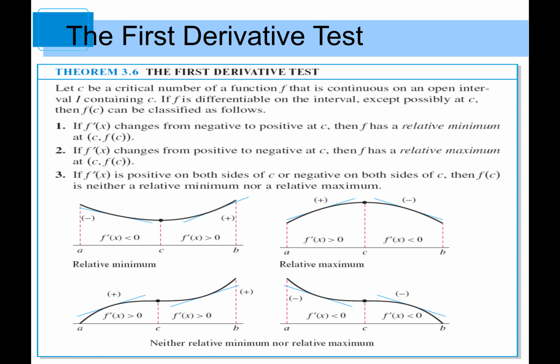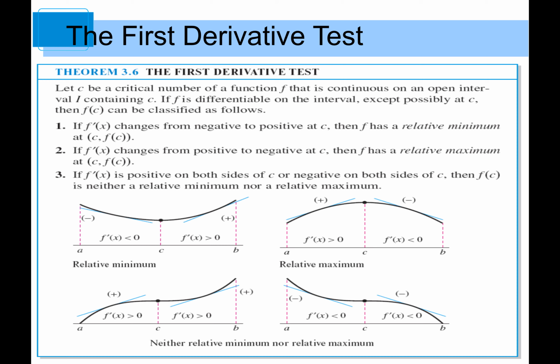Okay, so let's take a look at the first derivative test. Let c be a critical number of a function that is continuous on an open interval I containing c. If f is differentiable on the interval, except possibly at c, f(c) could be classified as follows.